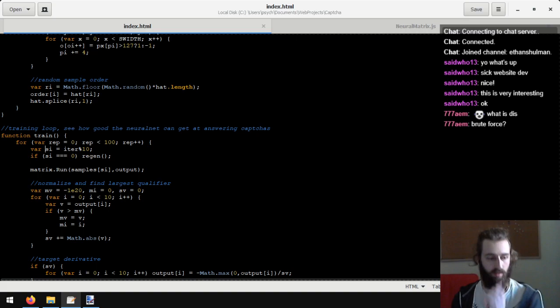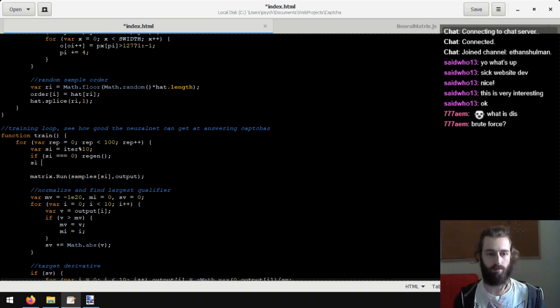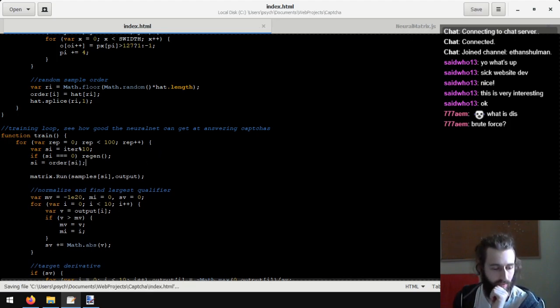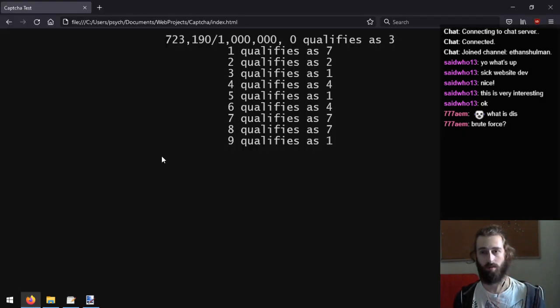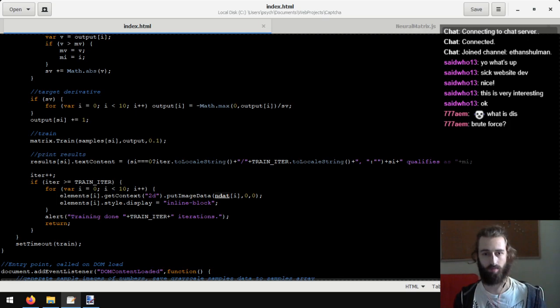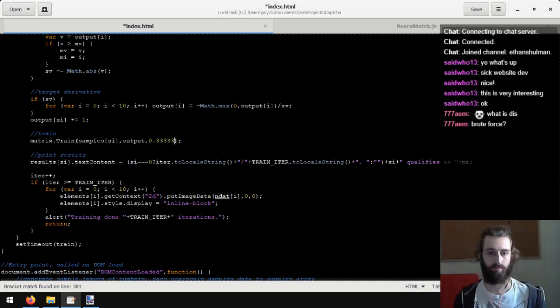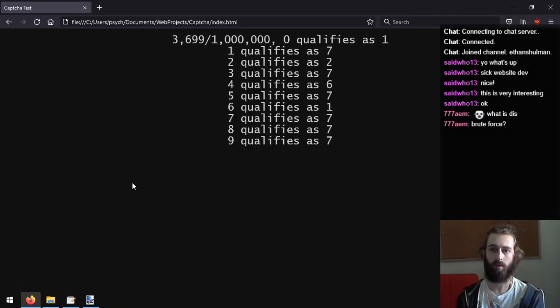So then sample index here, we will do sample index equals order sample index. So we actually use the randomized order from here. And yeah, that should give us random sampling. Hopefully this will train better.